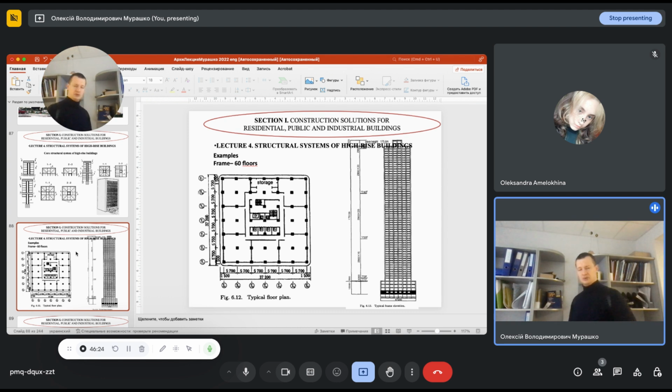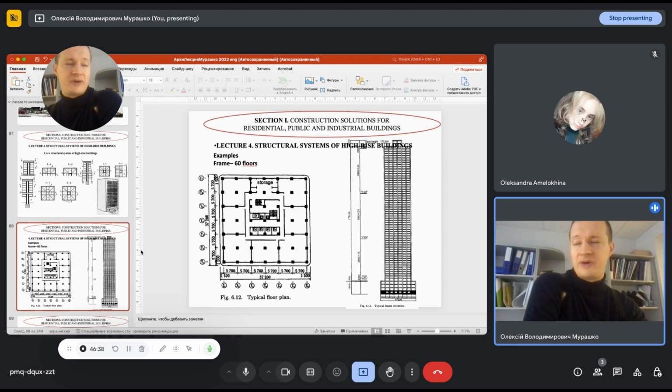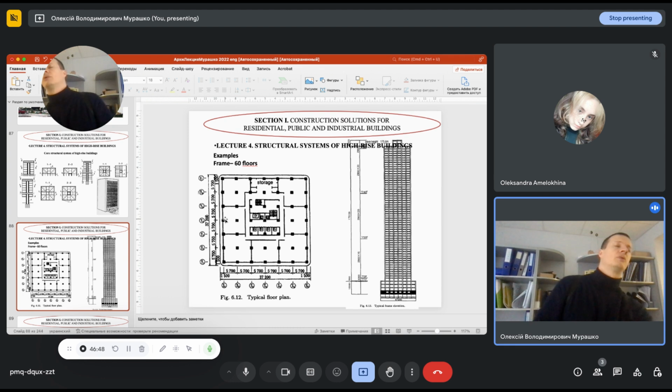And on examples, as I told you before, we will compare a few of these structural schemes. For example, when we're talking about a multi-story frame building, in this case we have not a big span, 5.7 meters, but you have to know and admit that the cross section of this column is overly big. The cross section of this column is 1 meter by 1 meter.